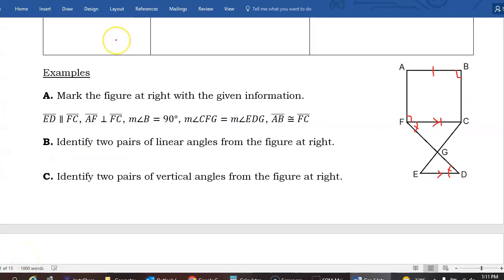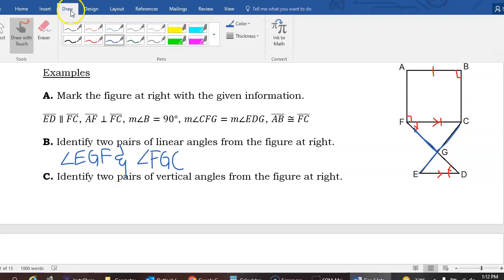Okay. Right here, I got EGF. And that is linear to FGC. So notice they overlapped on that side, FG.